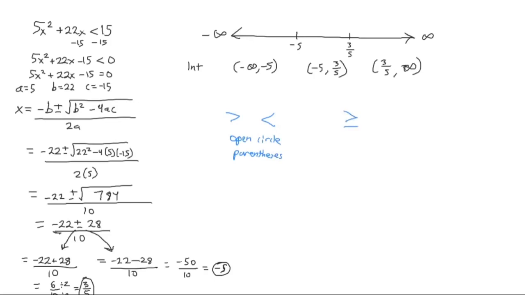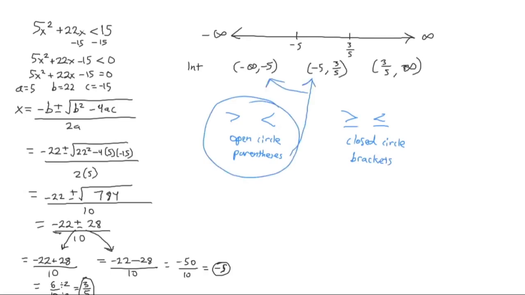But if it was the other kind with the bar where it's or equal to, then you have the closed circle and the brackets. So here we're dealing with the left side. So that's why these all have parentheses. And if I wanted to put this on the number line, I would give them open circles like that. We don't have to on this question, but there's nothing wrong with doing that.